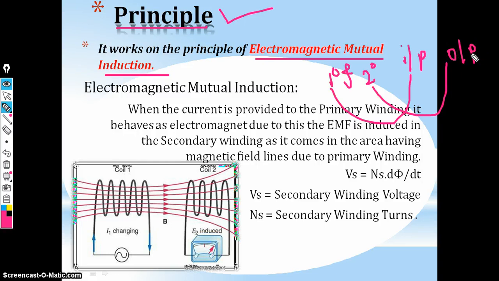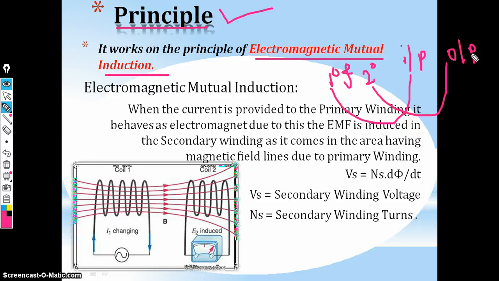Then voltage is applied to the primary side, and current flows through the primary winding of the transformer. Then EMF is induced in the primary winding, and this EMF is converted into flux, and this maximum flux passes from the input side to the output side.